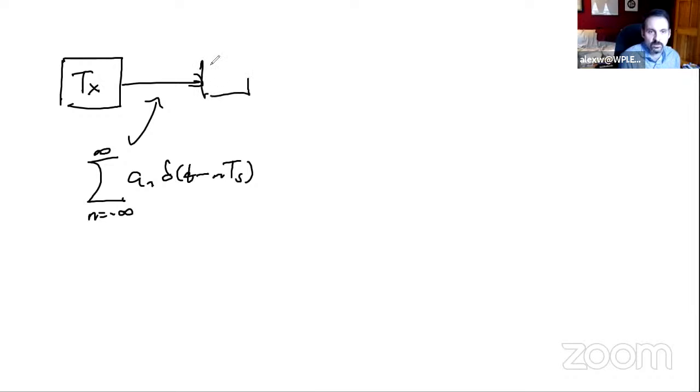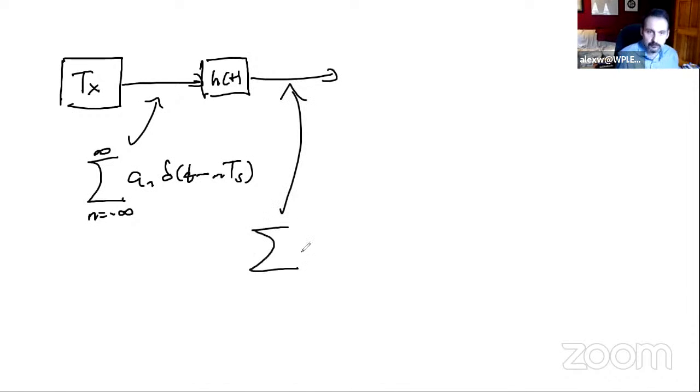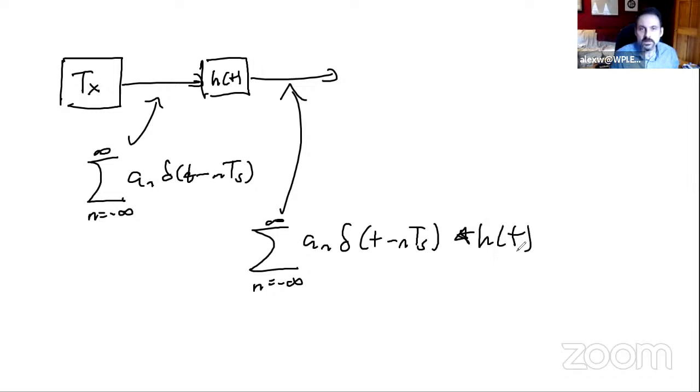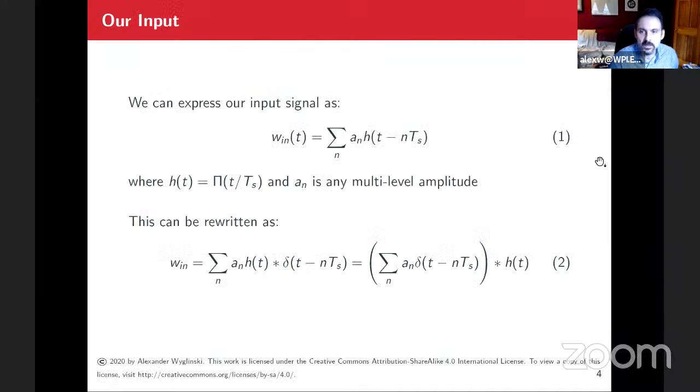And it goes into this h(t), and we get now this. And all of that is convolved against that waveform. So that, okay, is equation 1. I just went backwards.